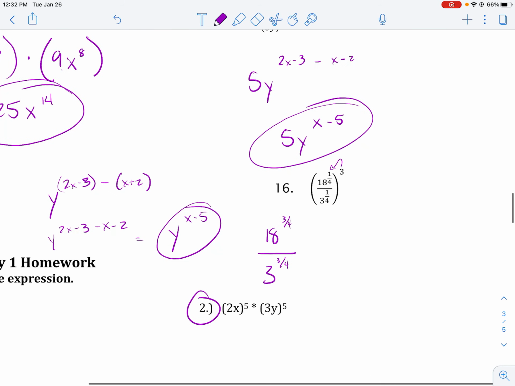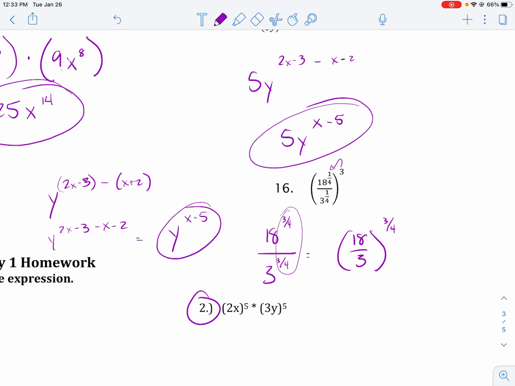All right, now, we don't have the same base, right? 18 and 3 are definitely not the same base. But what do we have in common? We got this guy right here, right? So I'm going to take that, and I'm going to bust it out to the outside. And so what's 18 divided by 3? 6 to the 3/4.